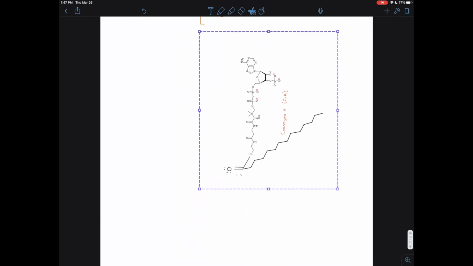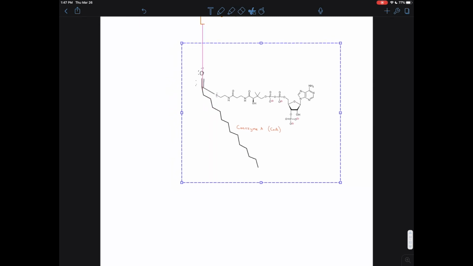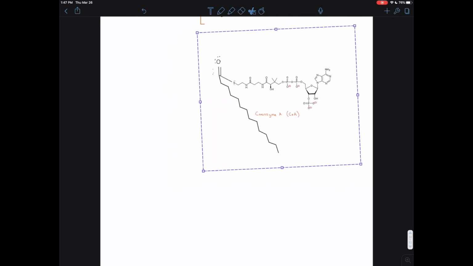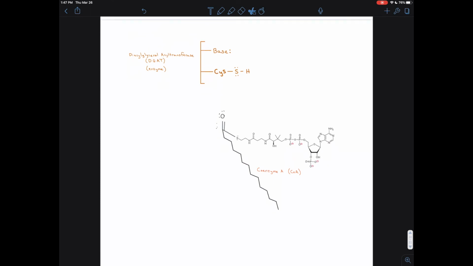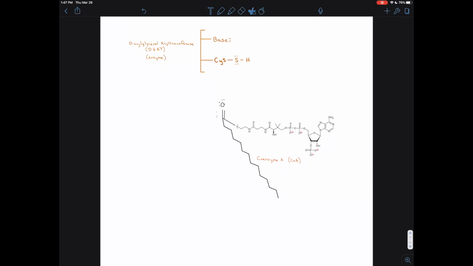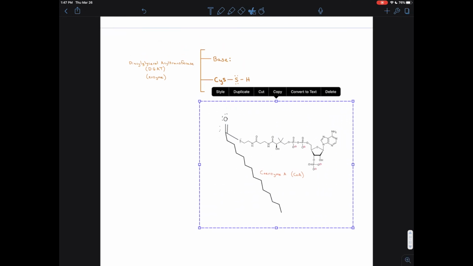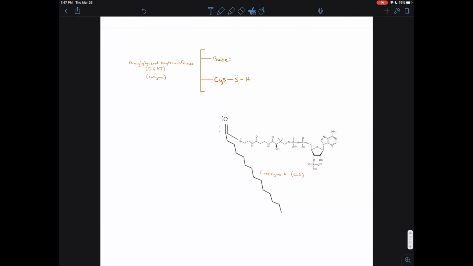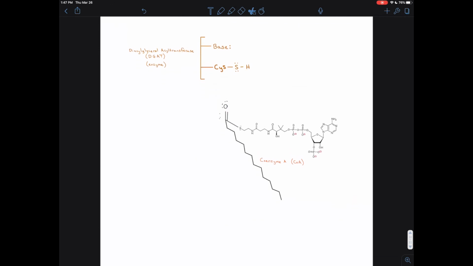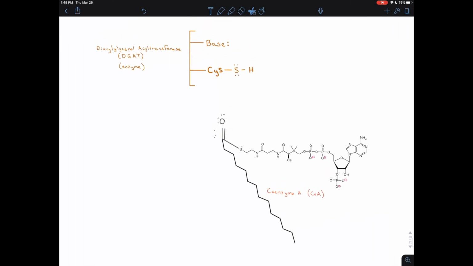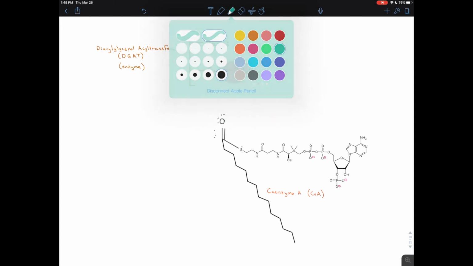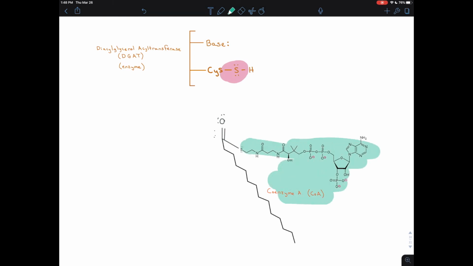We have to take our fatty CoA and attach it to our enzyme first to give it a slightly better leaving group, to position it correctly, etc. So what we're going to do is a nucleophilic acyl substitution reaction. Our nucleophile is ultimately going to be the sulfur of the cysteine on the enzyme. The leaving group is going to be coenzyme A.